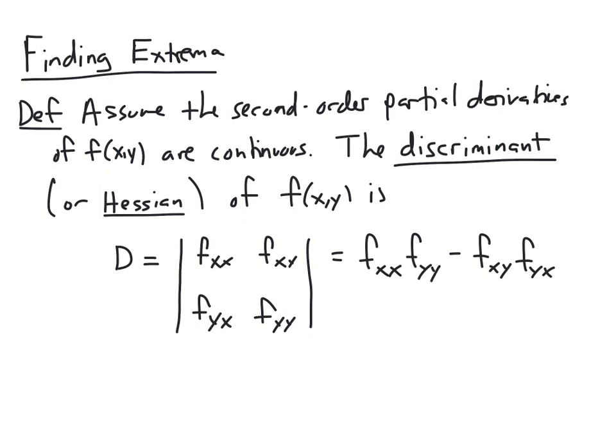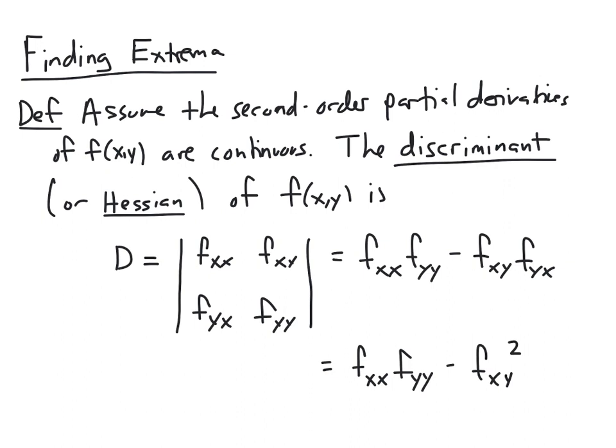Now, we can even make this a little bit nicer by remembering that under the assumption that second order partial derivatives are continuous, we have Clairaut's Theorem, which tells us that the second order partial derivatives are equal. And so this would just be fxx fyy minus f sub xy squared.